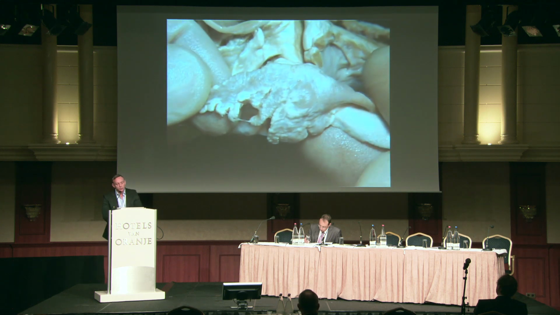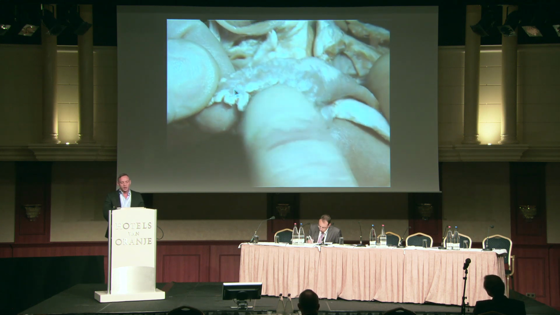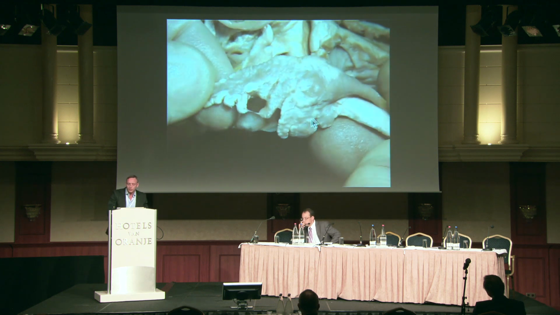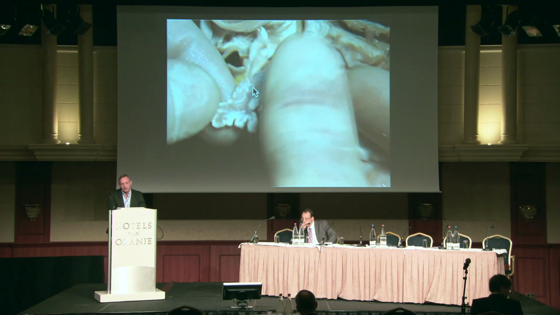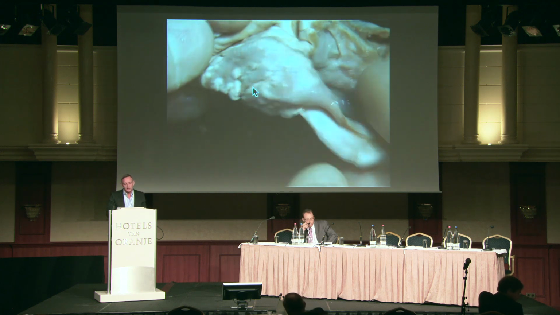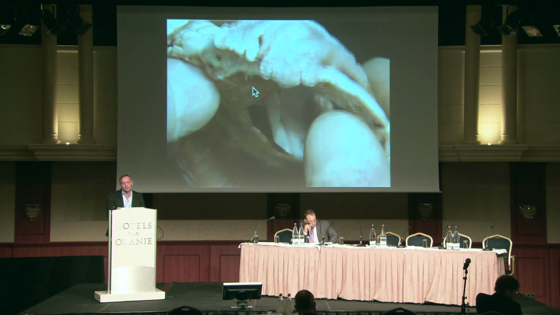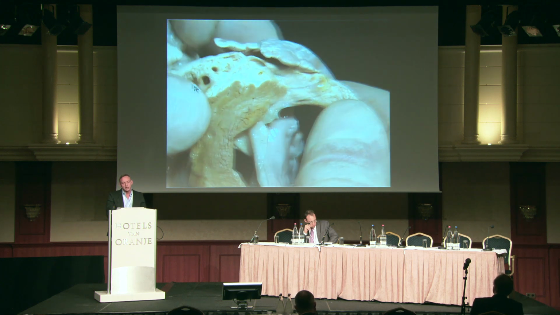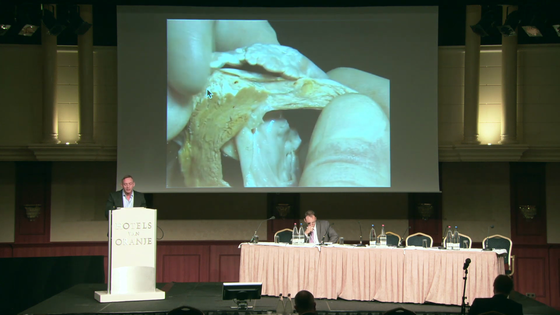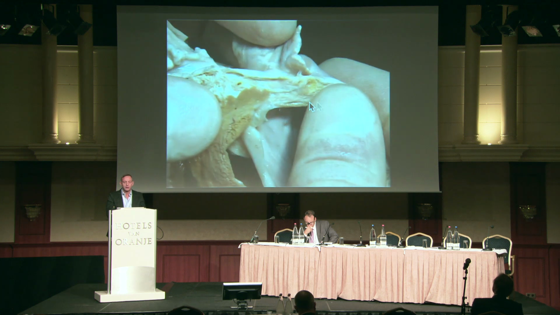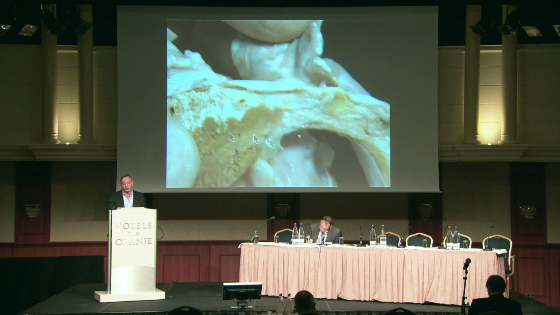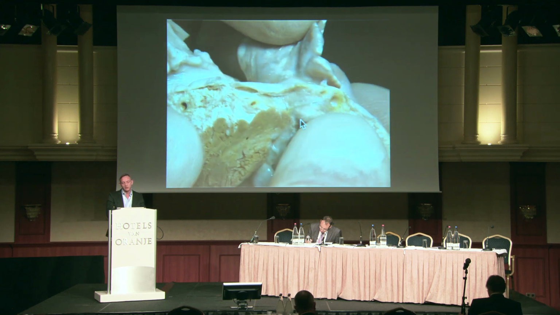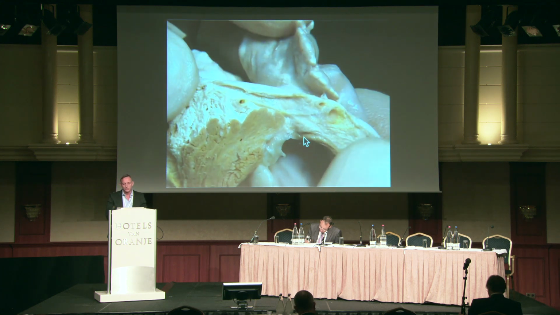Here's another example, again with a fairly sort of lobar left atrial appendage. As you can see, it takes the form of a concertina, which can be expanded and contracted. And what we've done in this case is just taken a section just above the mitral valve at the left atrioventricular junction. So this is septal myocardium, and this is effectively the annulus, if you like, of the mitral valve.